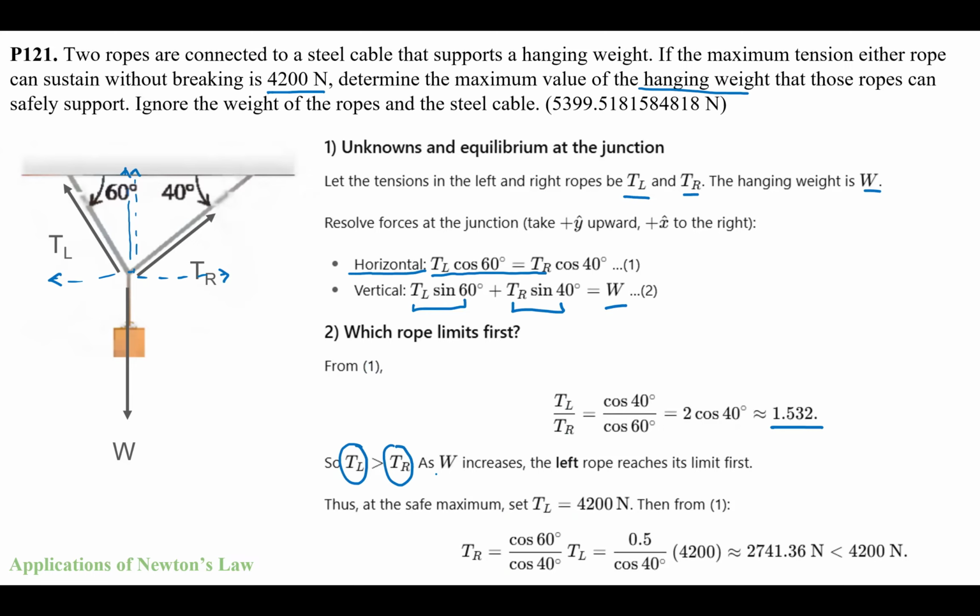So as the weight increases in the second equation, the left rope reaches its limit first, because the left-hand tension is larger than the right-hand tension. It is at the safe maximum, so it reaches the given limit. And from this relationship, we get TR, and then we get this value. Note that this is well under the limit.